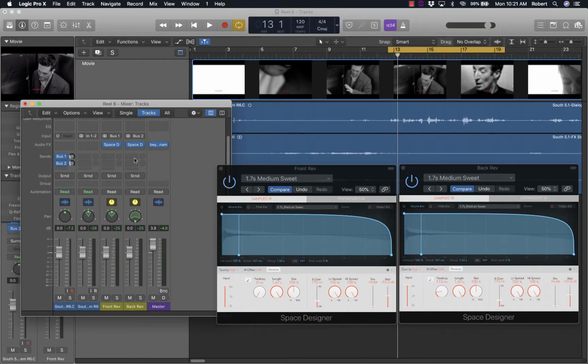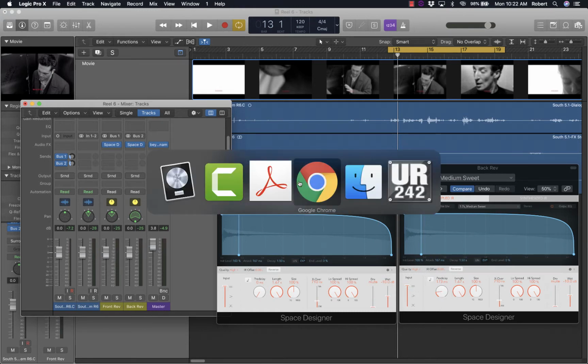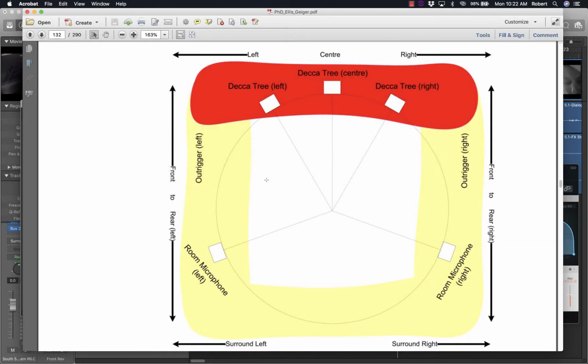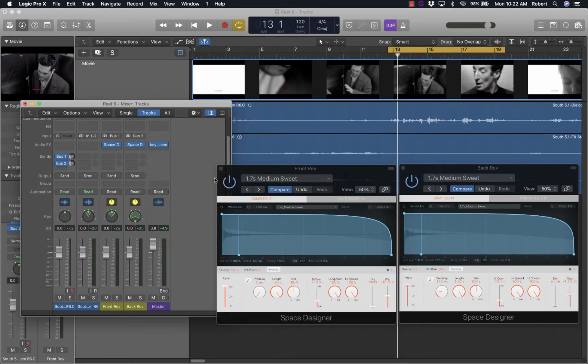Now to explain the stereo reverberation processor that is pan positioned to the surround left-right: it has a pre-delay setting above 33 milliseconds so that we perceive a delay. The reason for this, if I go back to the illustration, is to set up a relationship between front and back within the room. The first reverberation processor has no pre-delay.